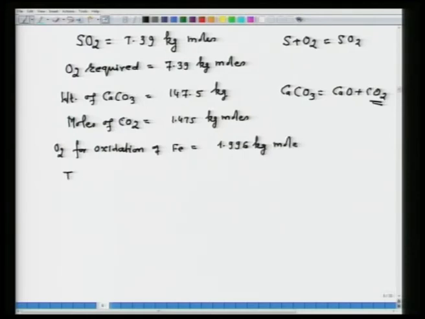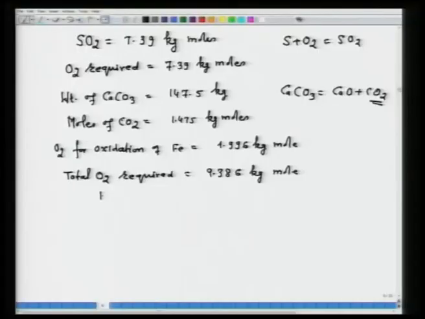So, total O2 required will be equal to 9.386 kg mole. That is, you have to add one for sulfur to SO2 and iron to FeO. This is where you require the oxygen.